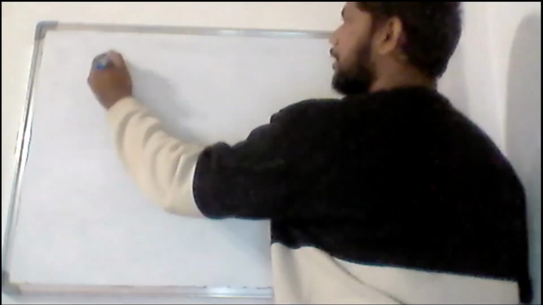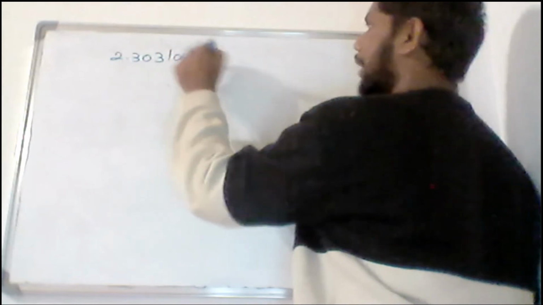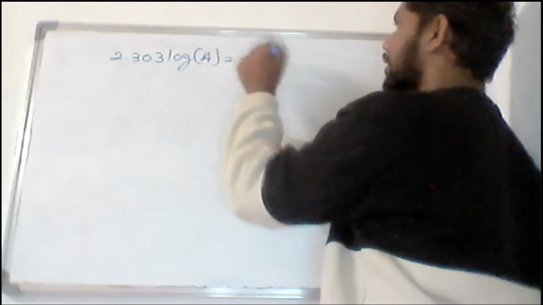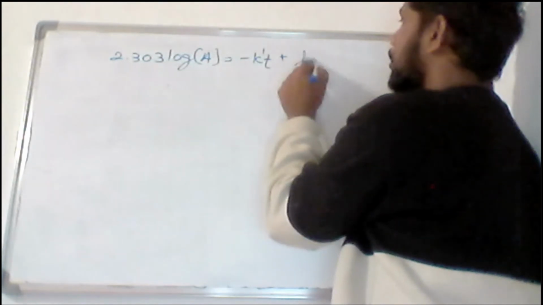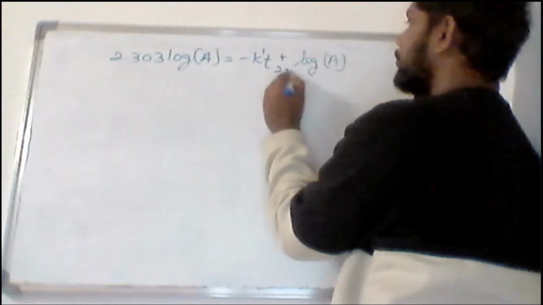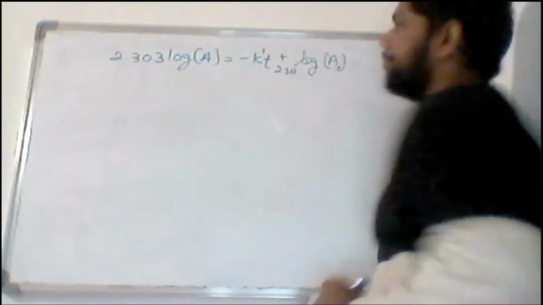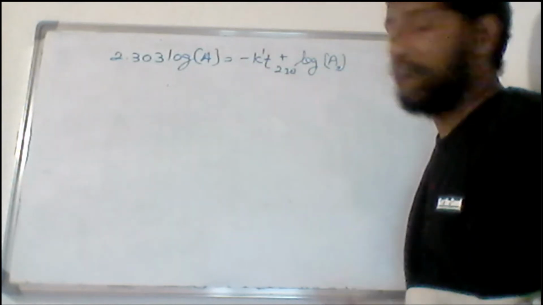They have given this information: 2.303 log A is equal to minus k dash t plus 2.303 log A naught. And now they are telling us to find the half-life.